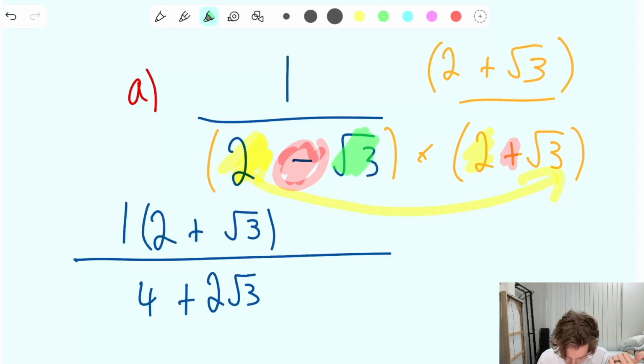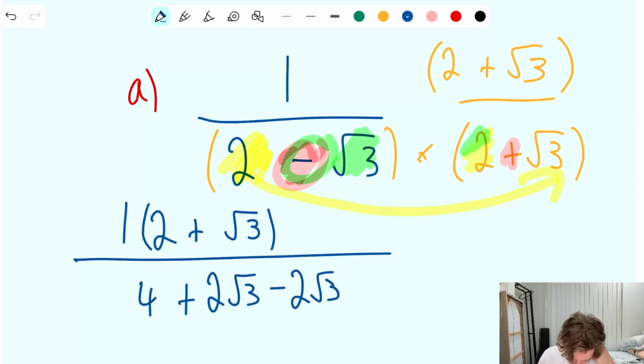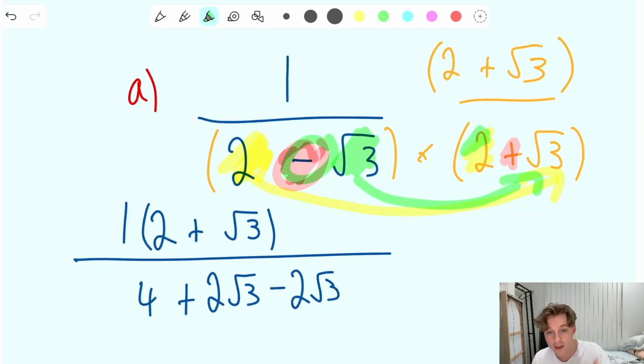I'm now going to do negative root 3, we include the sign, multiplied by 2. That is going to give minus 2 root 3. And I also get the negative square root of 3 multiplied by the positive square root of 3. If I multiply the same square root, the square roots disappear. The square root of 3 times the square root of 3 just gives 3. And I have a positive multiplied by a negative, so I'm left with negative 3.